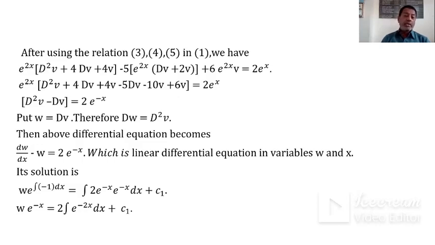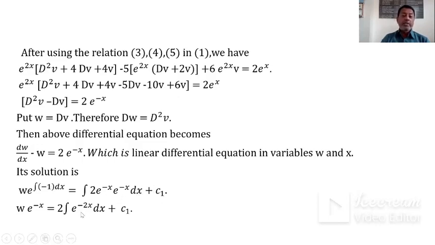Using that formula, here p(x) is −1 and q(x) is 2e^(−x), and the dependent variable is w. Therefore, its solution is w·e^(∫−1 dx) = ∫2e^(−x)·e^(−x)dx + c1.